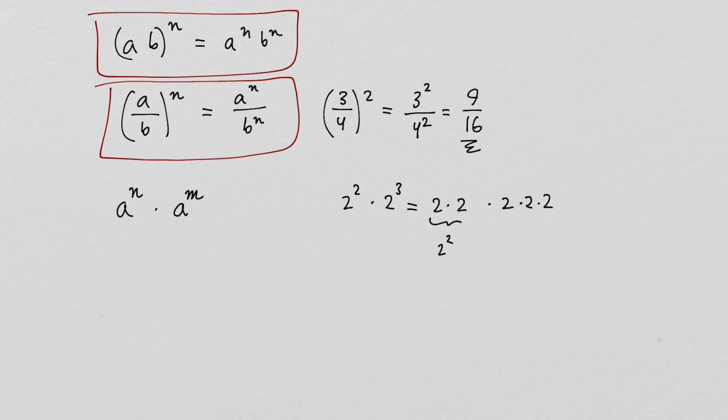Here is 2 to power 2 and this is 2 to power 3. And now we can see that there are in total 5 of these factors here. So we get 2 to power 5. That is 2 to power 2 plus 3. So thinking in this way, this formula must be equal to a to power n plus m.